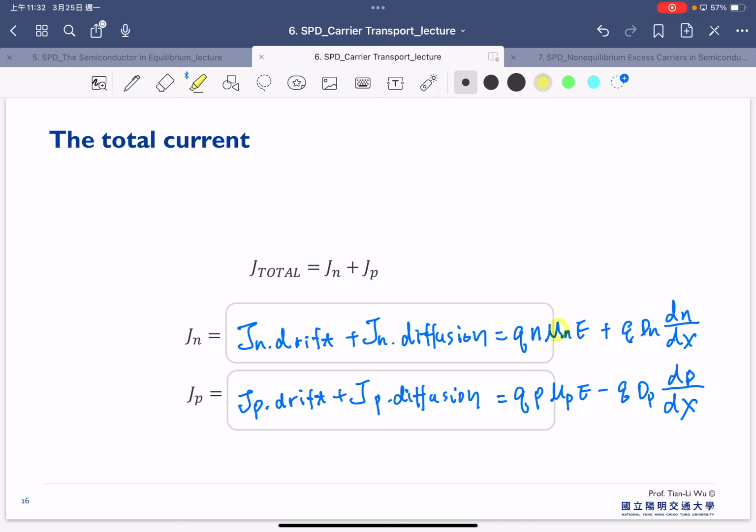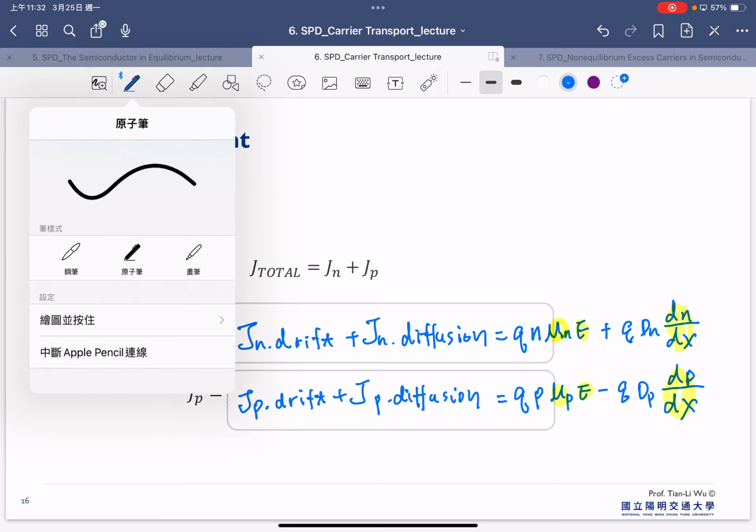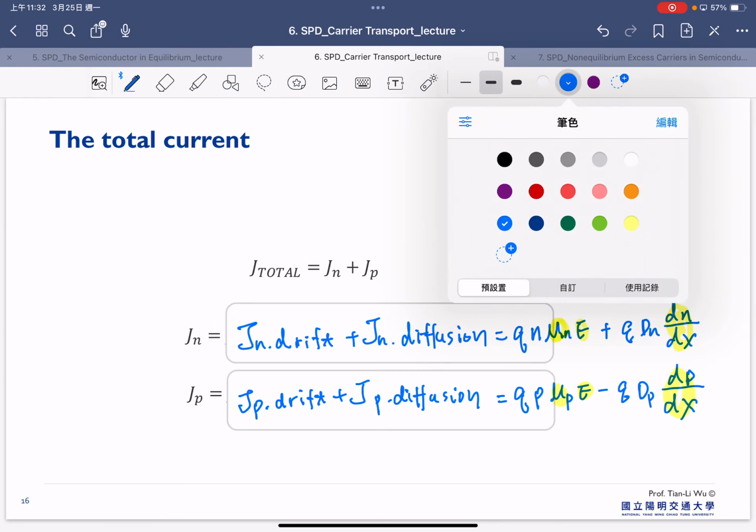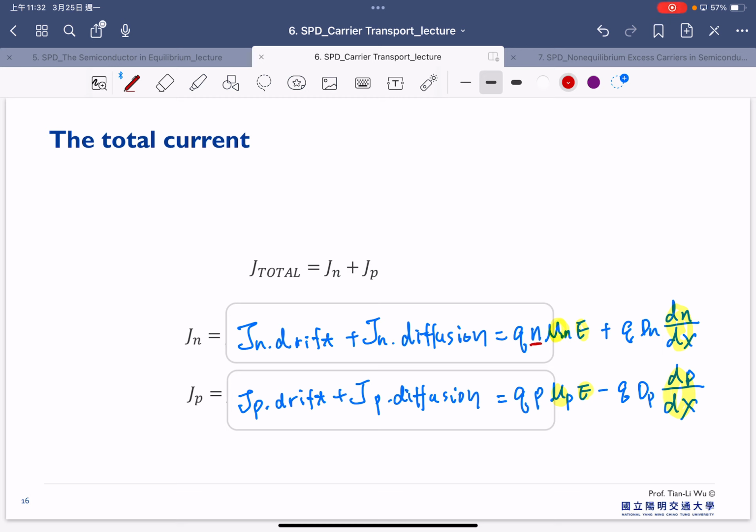Therefore, the current is mainly determined by the electric field, mobility, and concentration gradient. And of course, it's also correlated with the concentration and diffusion coefficient. So in the end, all these parameters influence the total current in one piece of semiconductor material.